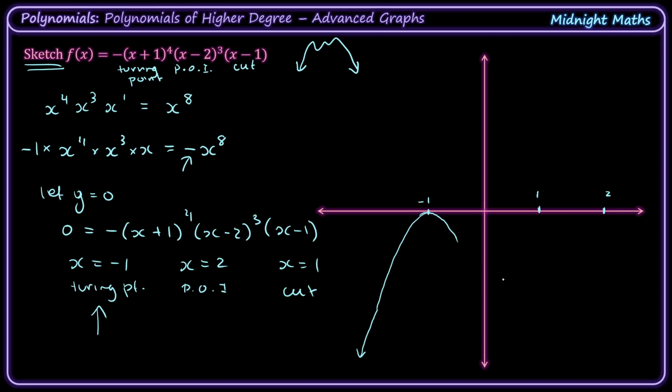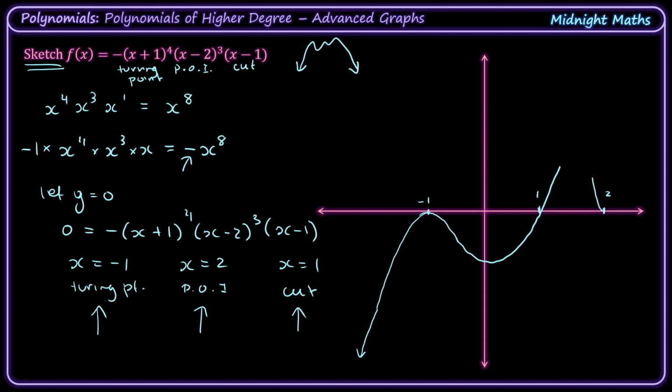The next point I get to is 1. So at 1, I'm just going to cut the x-axis. So I'll sweep around and cut the x-axis at that point. And then finally, I've got to go back through this very last point where I can see I've also got a point of inflection. So I'm going to turn around, return here, and when I do return, I'm going to have a point of inflection.